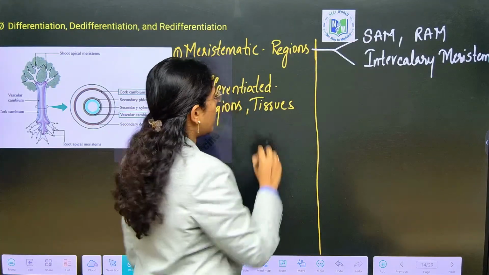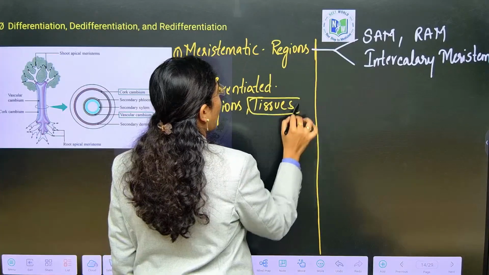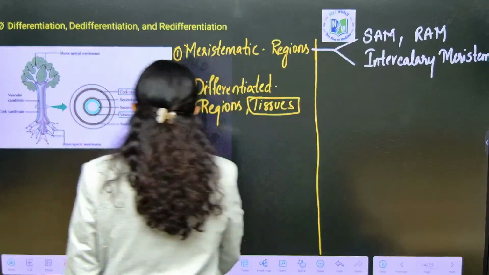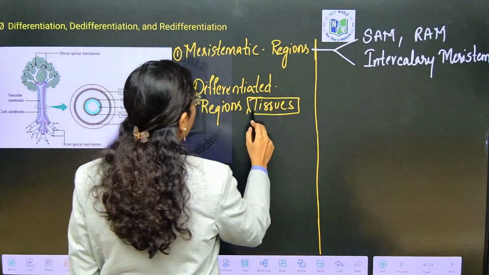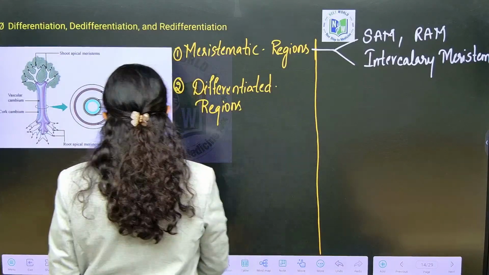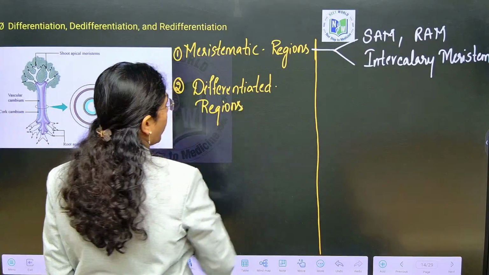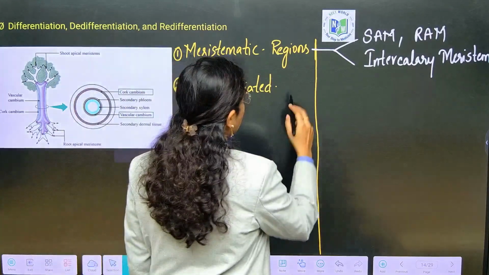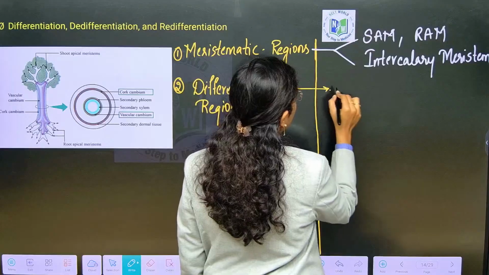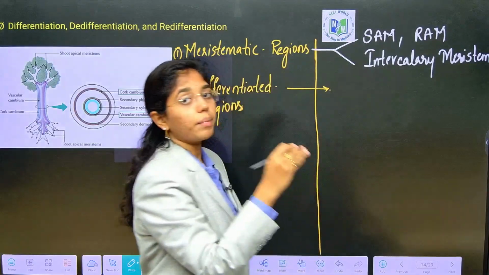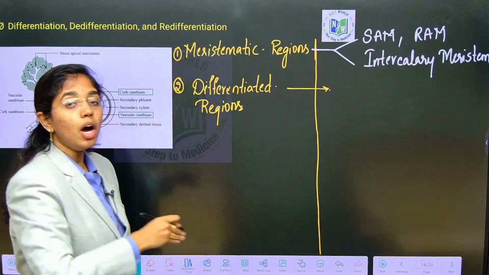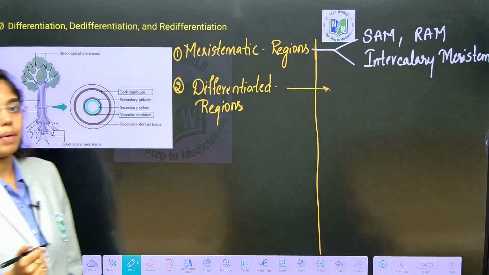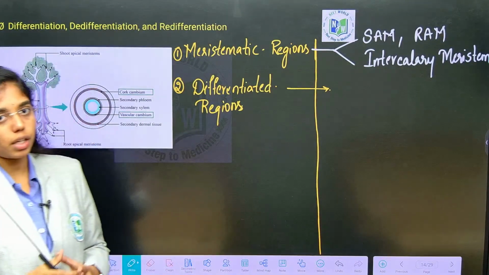Differentiated tissues will be both simple permanent tissues and complex permanent tissues. Fine, right? Simple permanent tissues and complex permanent tissues. If you see simple permanent tissues, you can consider parenchyma, collenchyma and sclerenchyma. Complex permanent tissues like xylem and phloem, all these are differentiated tissues only.